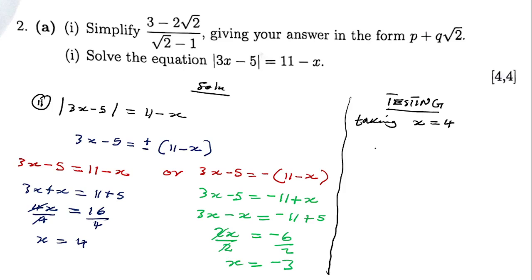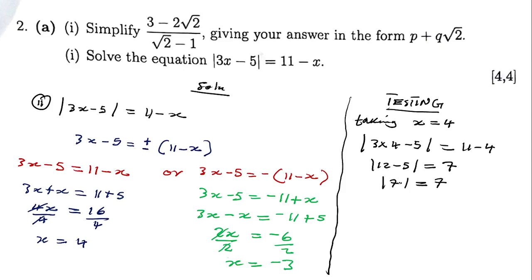So you are going to say modulus of 3 times 4 minus 5 is equal to 11 minus 4. 3 times 4 is simply 12 minus 5, and on the other side 11 minus 4 is simply 7. Then 12 minus 5 is simply the modulus of 7, and that is 7.